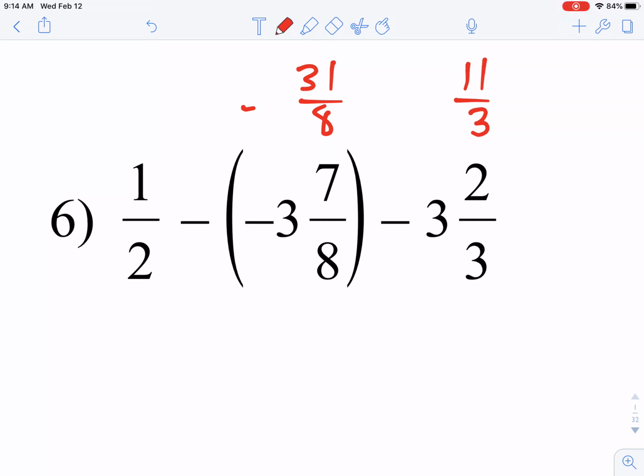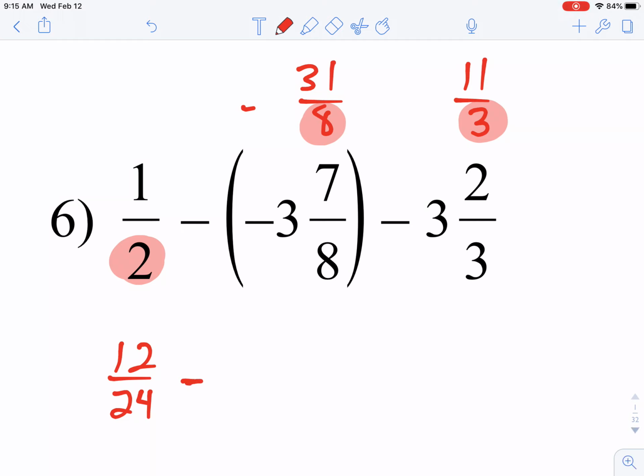So far all I've done is change them to improper fractions. The next thing I want to do is make sure that we have common denominators. In this case, the smallest common denominator that we can come up with is 24. So 1/2 is going to become 12 over 24, because 2 times 12 is 24, 1 times 12 is 12.